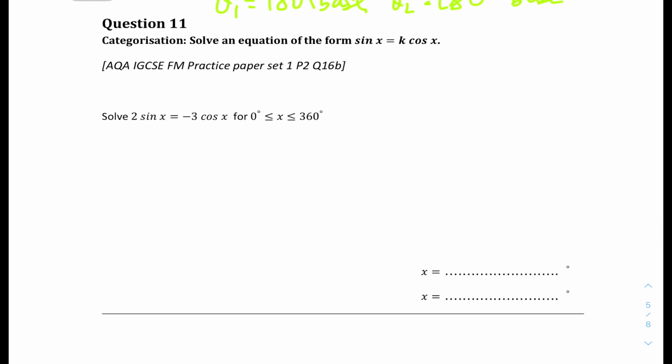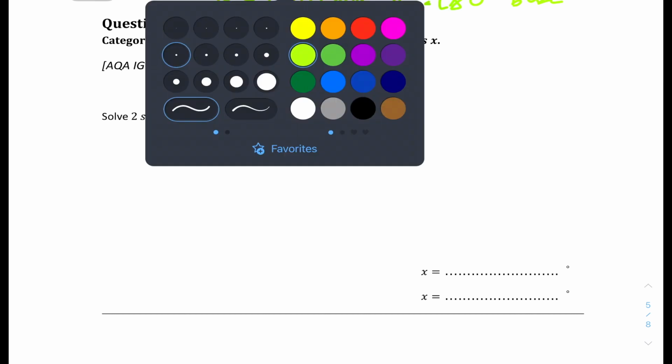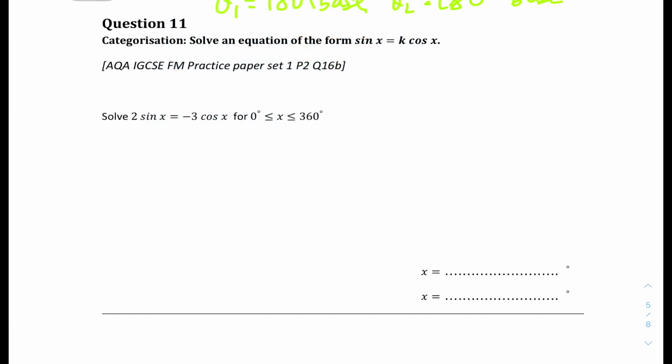And question 11, solve 2 sine x equals minus 3 cos x for x from 0 to 360 degrees. So we first have to rearrange the equation to get everything to one side. So it would be 2 sine x plus 3 cos x equals 0. And we can divide everything by cos x to get tan.